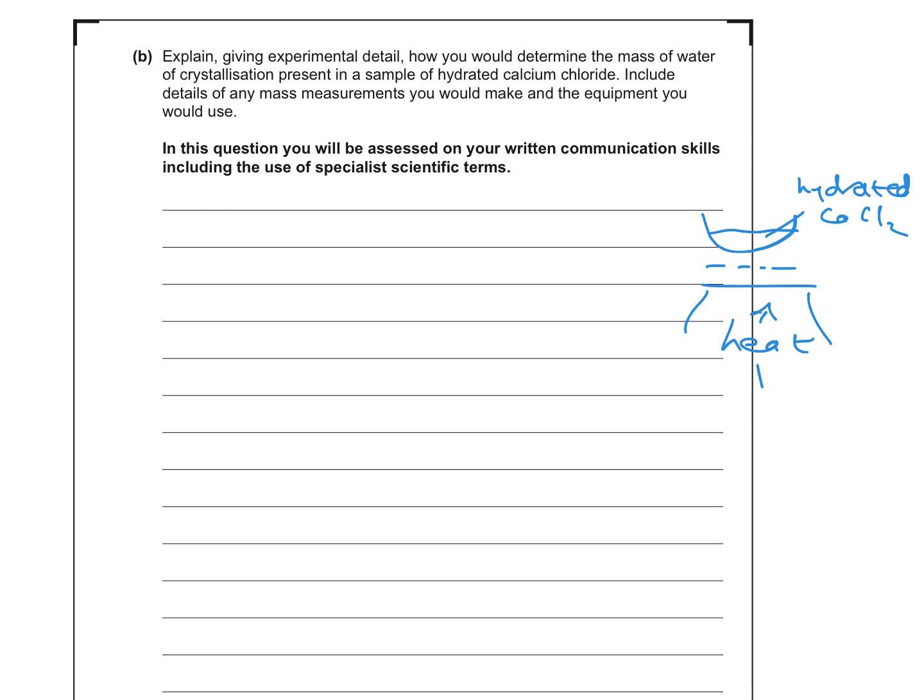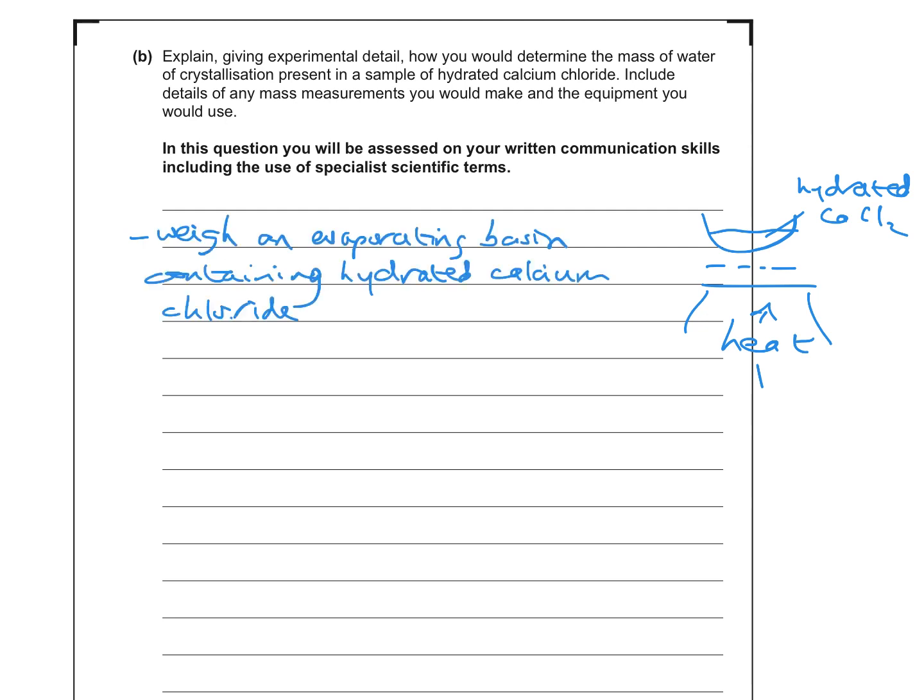So the first thing we'd do then is weigh an evaporating basin that contained the hydrated calcium chloride. The next thing we'd do is heat to constant mass, because that means then that there's no more water for crystallization left. We'd then reweigh, and then we can subtract that final mass from the initial mass. So this here is the initial mass.